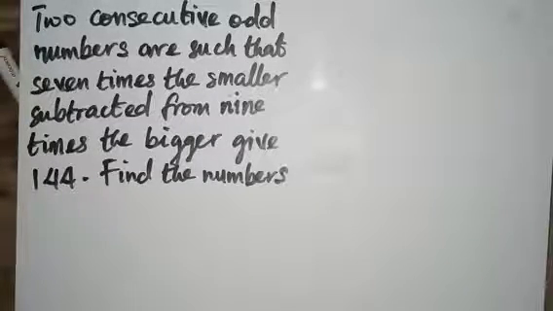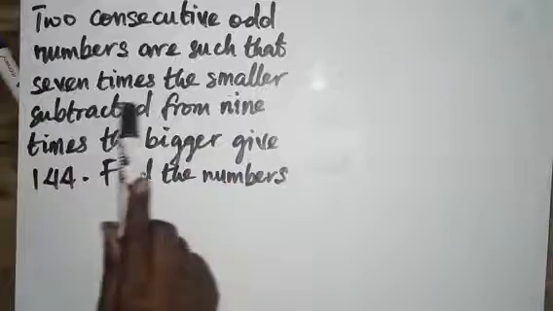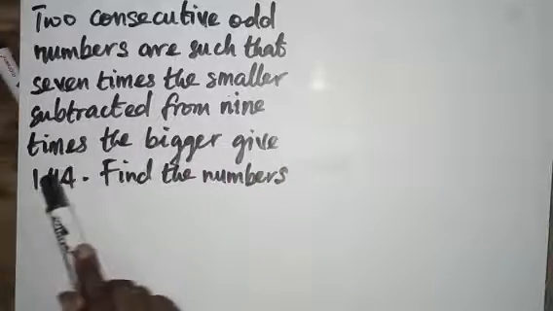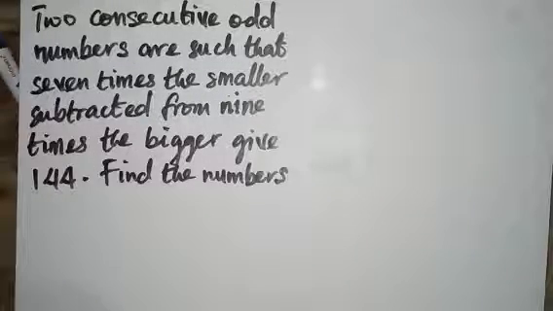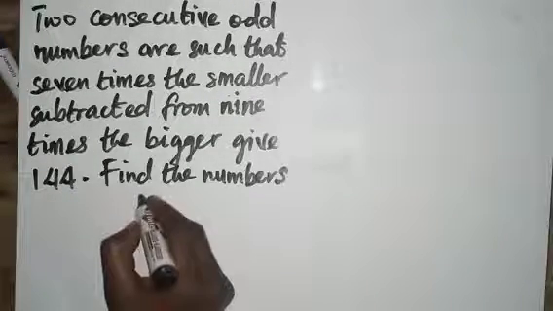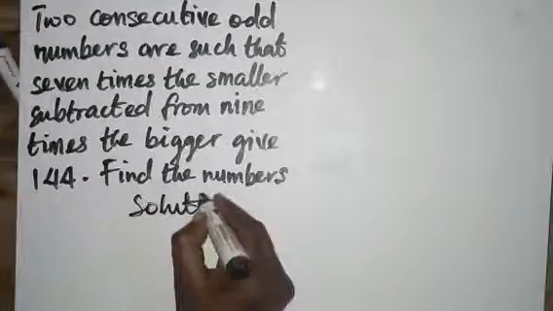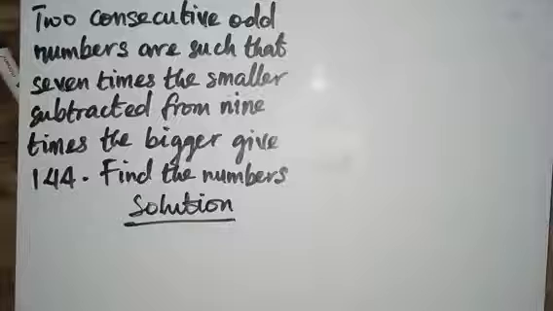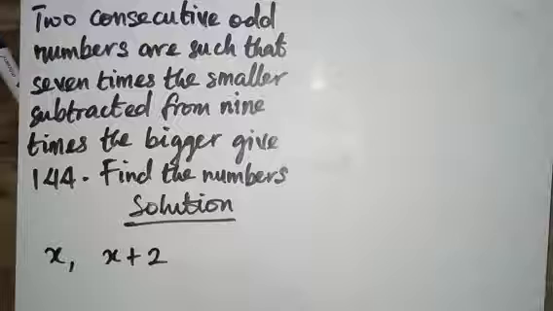Good. Two consecutive odd numbers are such that 7 times the smaller subtracted from 9 times the bigger gives 144. Find the numbers. So, solution. For consecutive odd numbers, if the first number is x, the second number will be x plus 2.